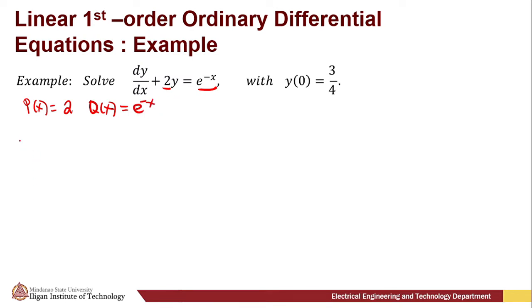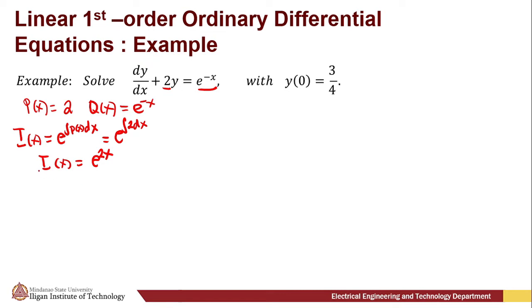After that, we identify the integrating factor I of x. The formula for the integrating factor I of x is e raised to the integral of p of x dx. Substituting p of x, we have e raised to the integral of 2 dx, so our integrating factor I of x becomes e raised to 2x.